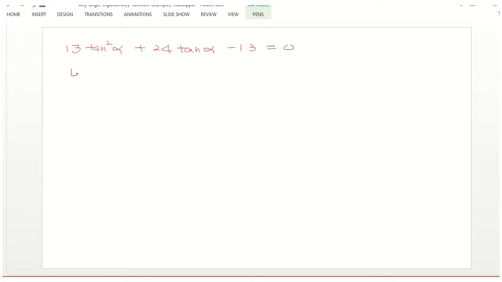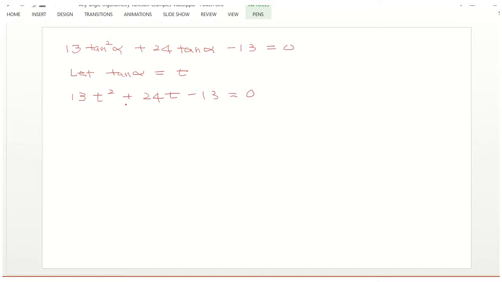Now, we let tangent alpha equals t. So this equation becomes 13 times t squared plus 24 times t subtract 13 equals 0.